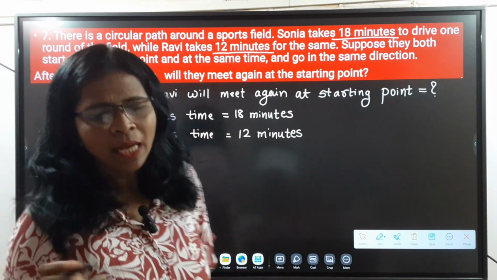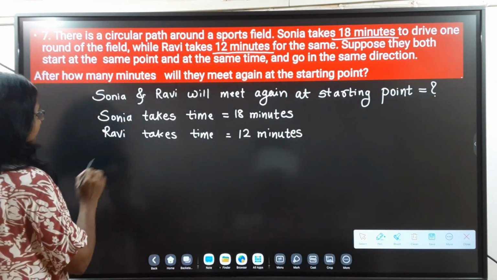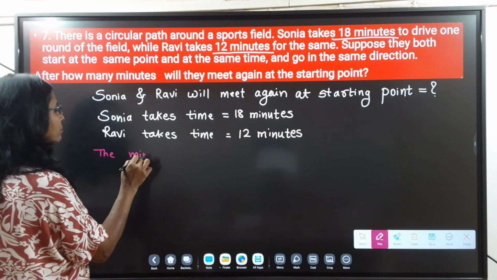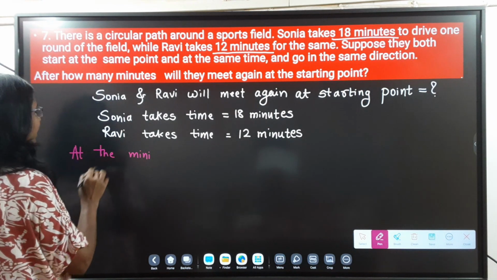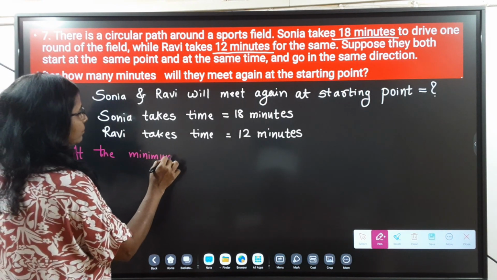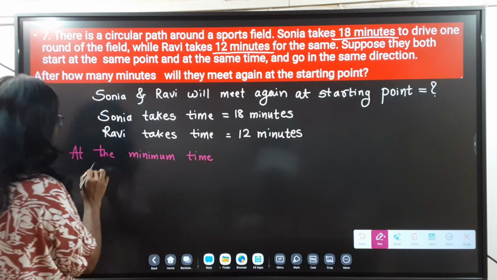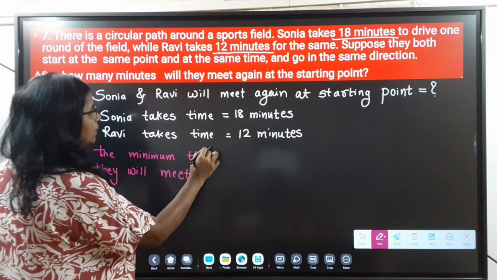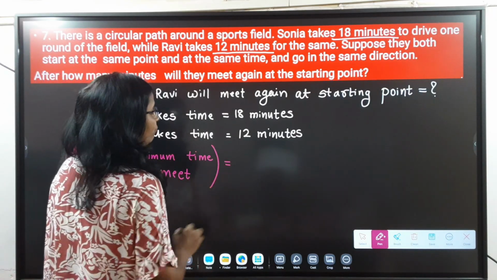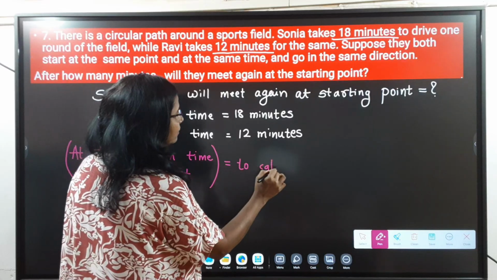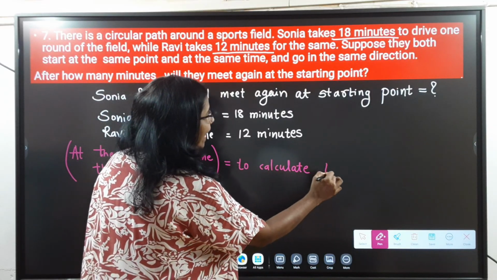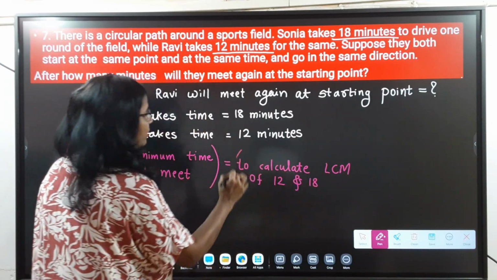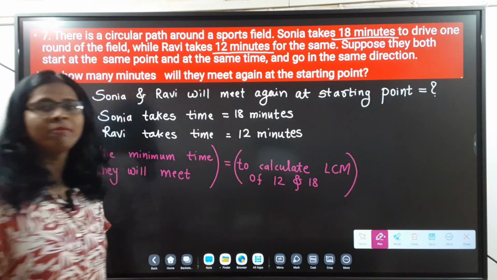So that means here, students, I write down the minimum time at which they will meet, which is nothing but to calculate the LCM of 12 and 18. That means to calculate the LCM of 12 and 18.